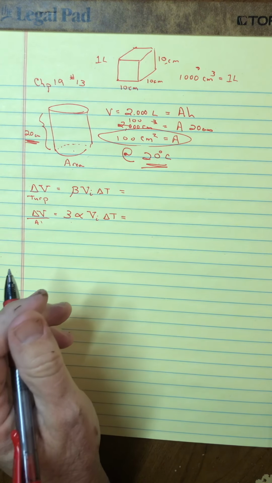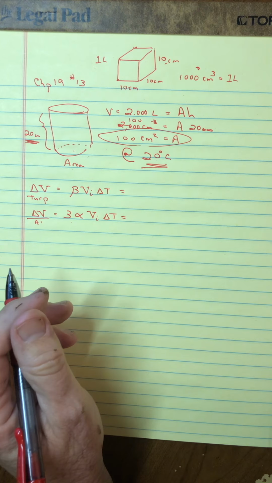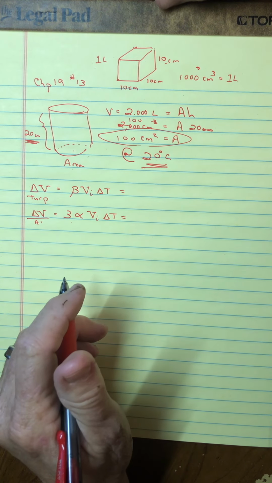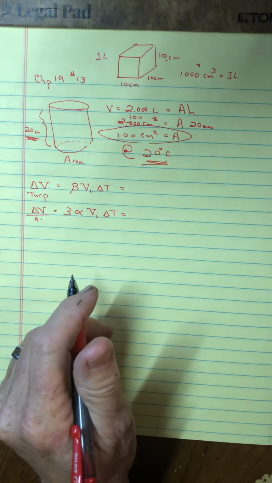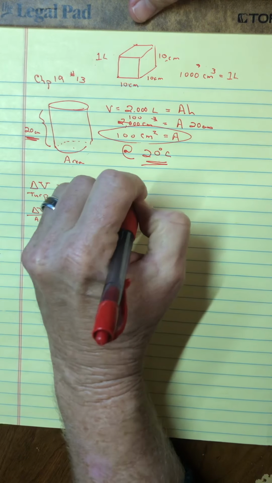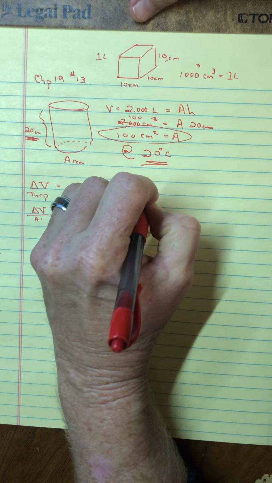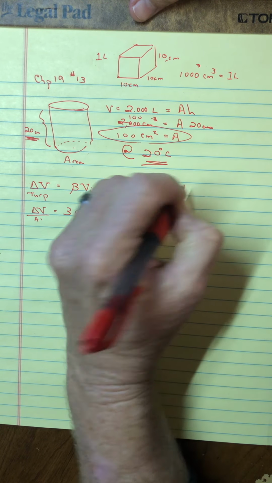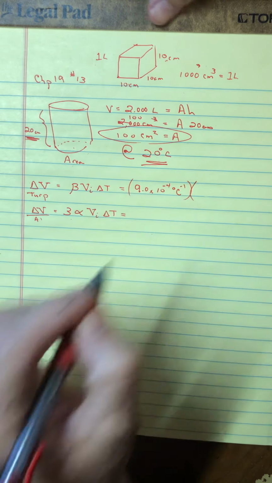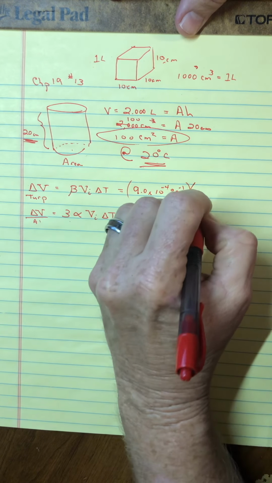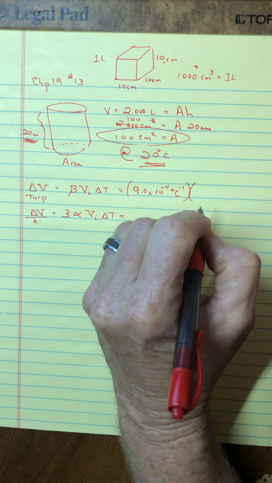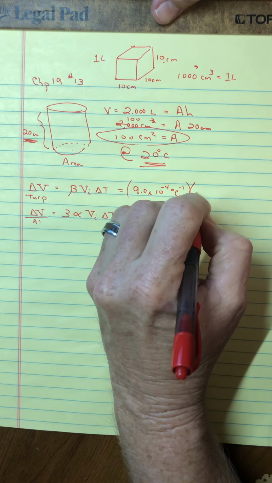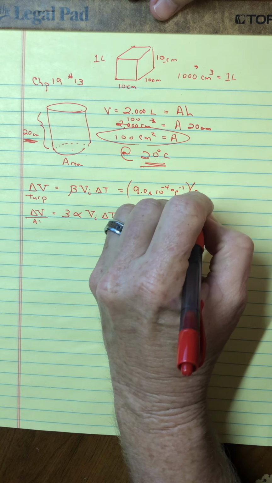Okay, so here's where I need to kind of flip over to the book, and I'm looking at table 1 in chapter 19, and I'm scanning the second column, which says turpentine, and it says 9.0 times 10 to the minus 4 inverse degree Celsius. Because the turpentine has 2 liters, or should I do centimeters? Why don't I just do centimeters?